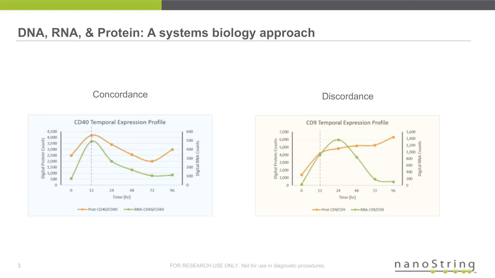So we can see here for CD4, after you stimulate the cells, you see an increase in both the RNA and the protein, and then a concordant downregulation of both, which contrasts to CD9, for example, where the RNA and protein are both increased after stimulation, but then the RNA falls off, but the protein, which we're measuring at the cell surface, remains strongly expressed. So there's clearly post-transcriptional regulation that's going on either in the translation or the transport of CD9.